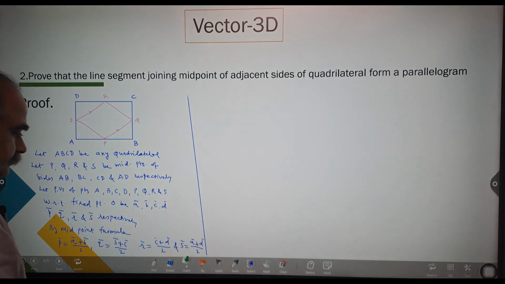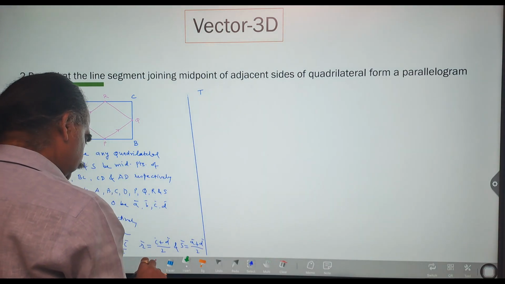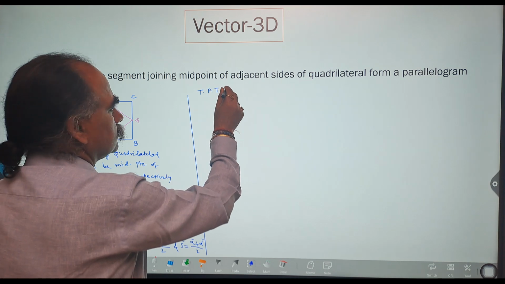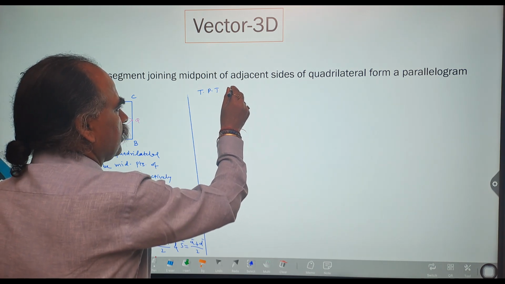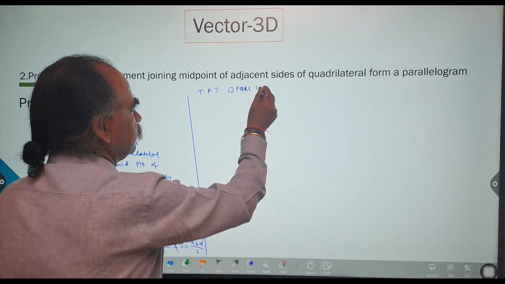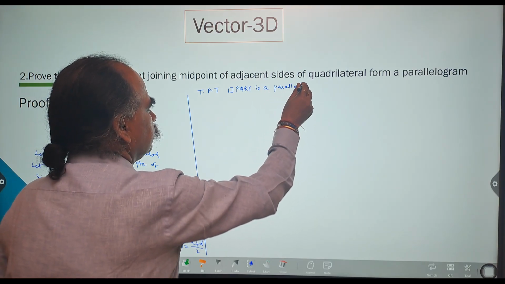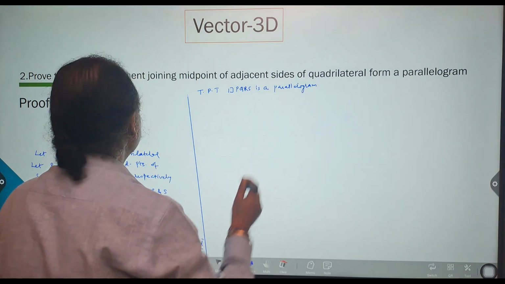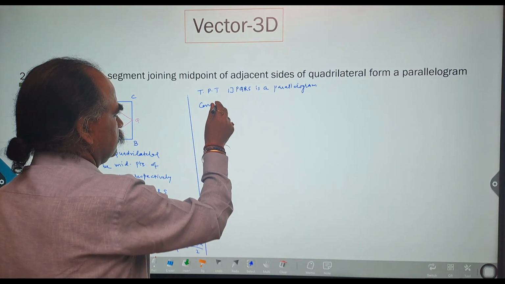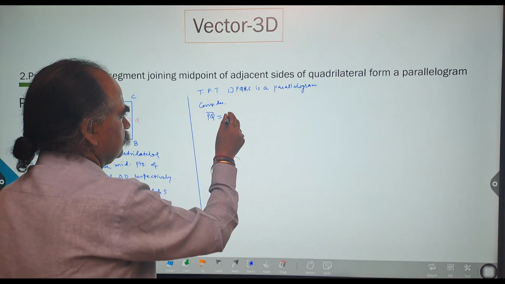To prove that quadrilateral PQRS is a parallelogram, consider PQ bar.